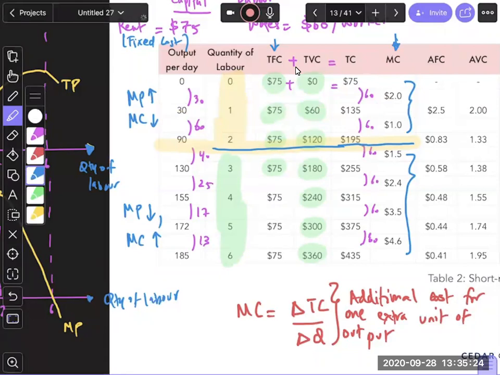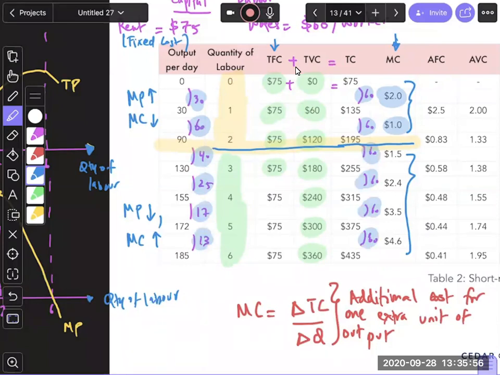This 1 is 60 divided by 60. Does that make sense? So marginal cost is the change in total cost over the change in quantity of output. So 60 divided by 40, 60 divided by 25, 60 divided by 17, 60 divided by 13, and you get your values for marginal cost.